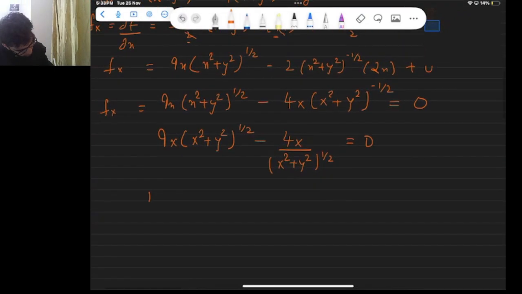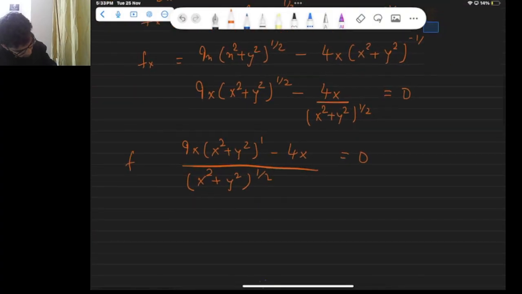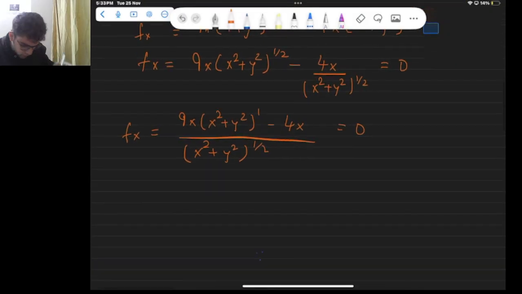So this will give me 9x and x²+y². I'll be taking the LCM. This will give me (x²+y²) to the power, half and half gets added, 1, minus 4x divided by (x²+y²)^(1/2), and this is equal to 0. This was f of x. F of x, we are equating it to 0 for finding the stationary points.